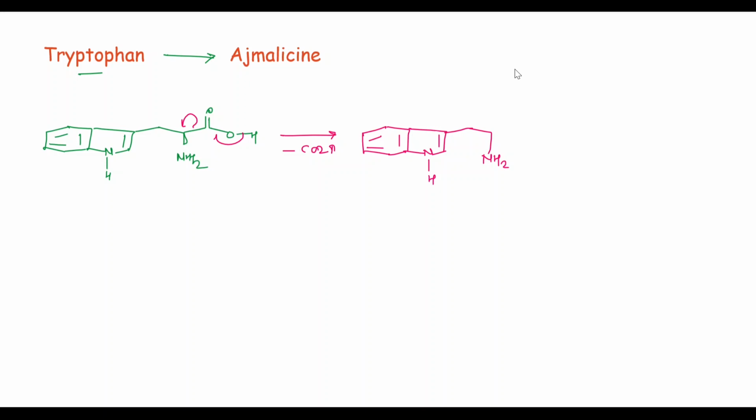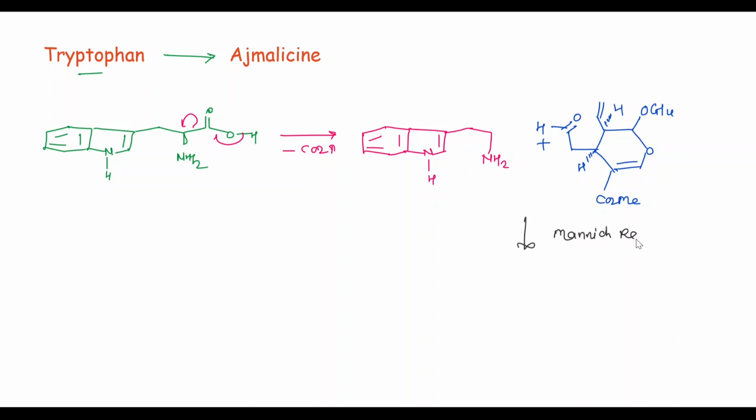And this tryptamine reacts with secologanin, which shows the Mannich reaction and gives strictosidine.